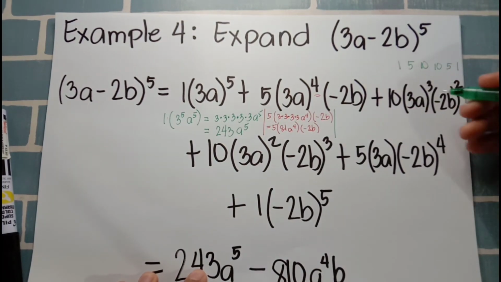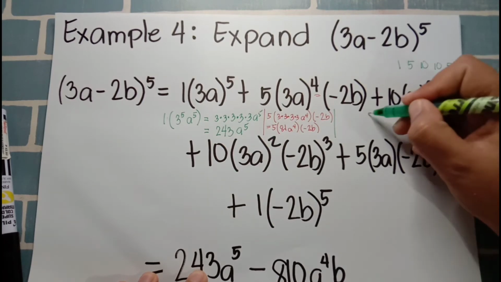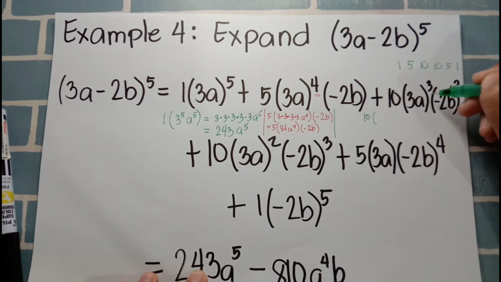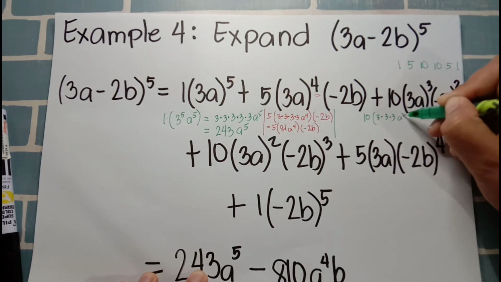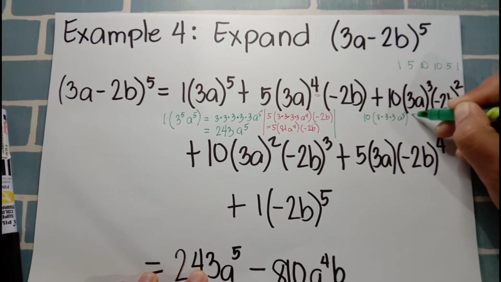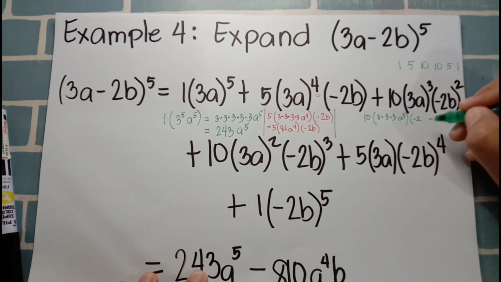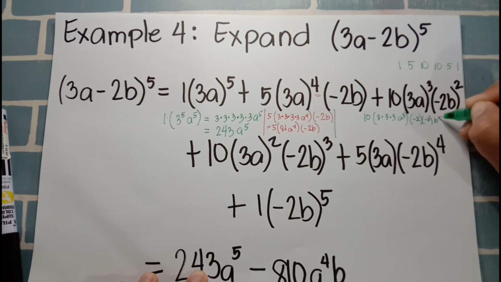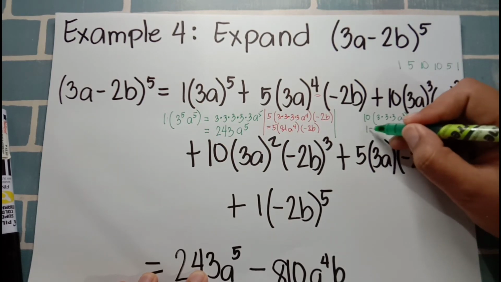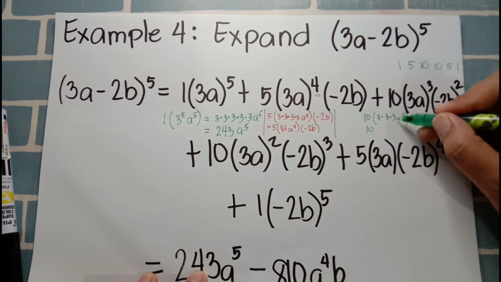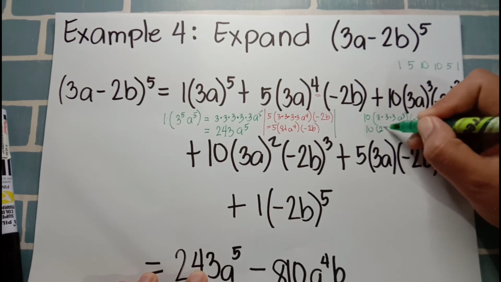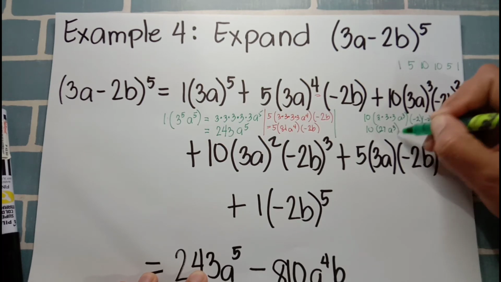Next, we have the third term. 10 times 3 times 3 times 3, a cubed times negative 2 squared, b squared. So 3 times 3, 9 times 3 is 27, a cubed.